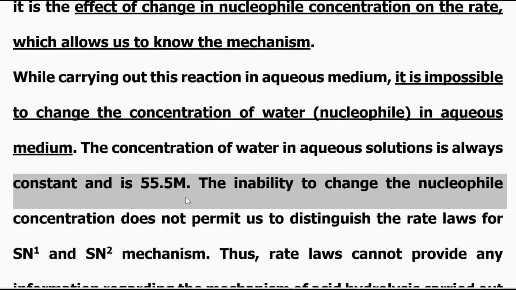Now I want to calculate the molarity of water in 1 liter of water. What is molarity? Molarity is moles per liter. Number of moles per liter is called molarity. And what is a mole? It is a molecular weight. The molecular weight of water is 18 gram per mole.